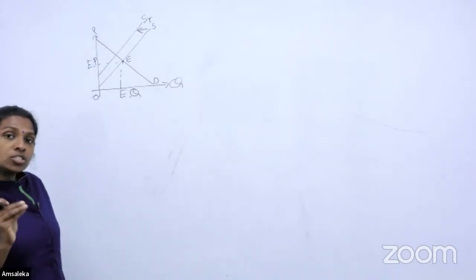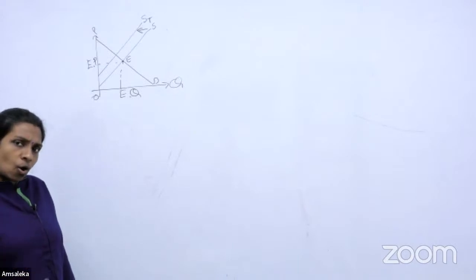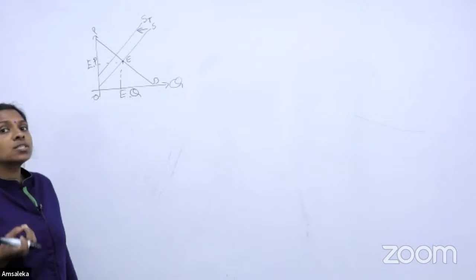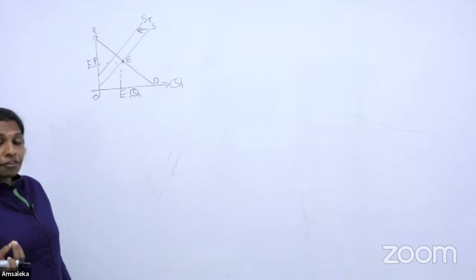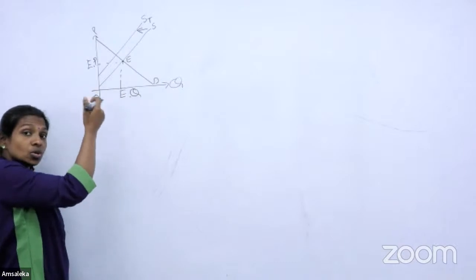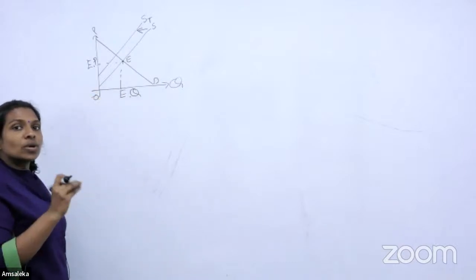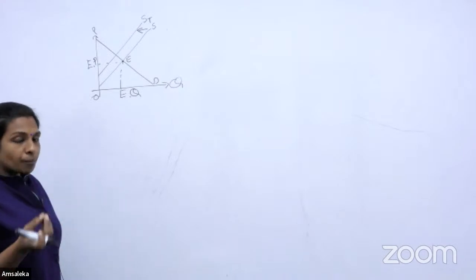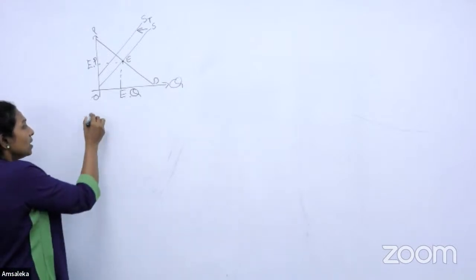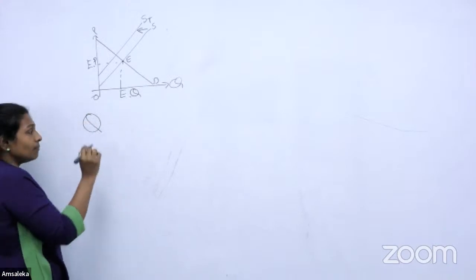Now, first of all, we want to find out what is the new supply function once the tax is imposed. Since the tax is imposed, we want to find the new equilibrium price and quantity. Okay, now listen to me.